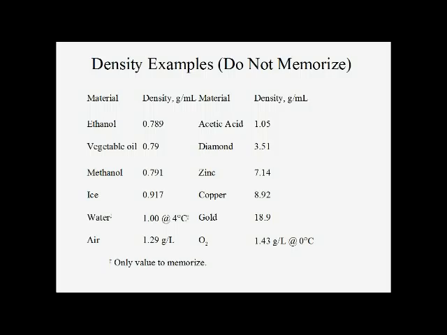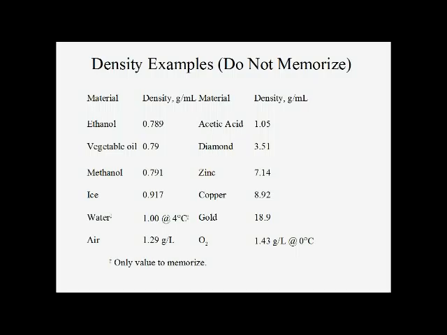So this is just some examples of density. We're not going to memorize anything here except for water. We have vegetable oils 0.79, acetic acid 1.05. Acetic acid is the main ingredient in vinegar, water being the other ingredient in vinegar, and water is 1.